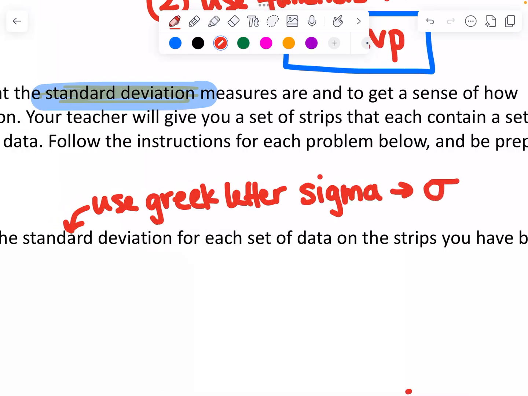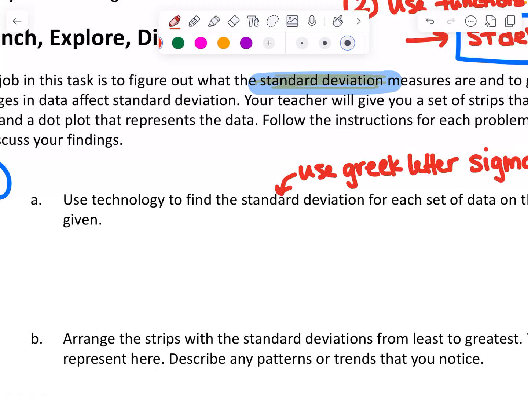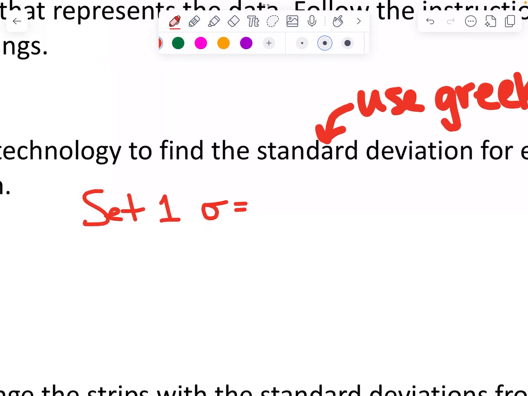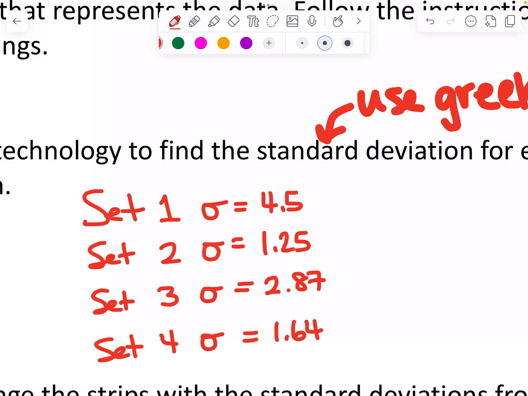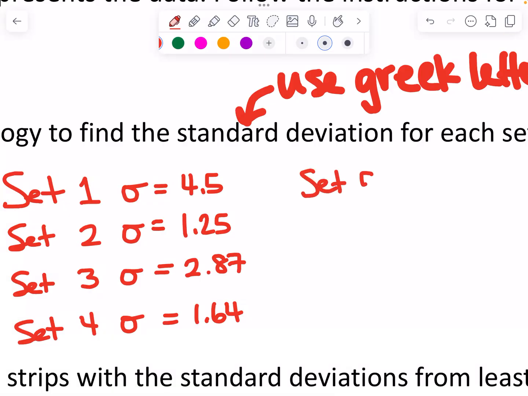Sigma. All right, let's go ahead and record all our standard deviations for part A. So here we have set 1 sigma equals 4.5, set 2 sigma equals 1.25, set 3 sigma equals 2.87, set 4 sigma standard deviation is 1.64, set 5 sigma equals 0.5, and then set 6 sigma equals 3.15, and it was the same thing for set 7.